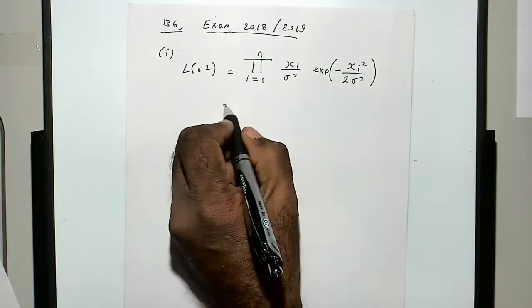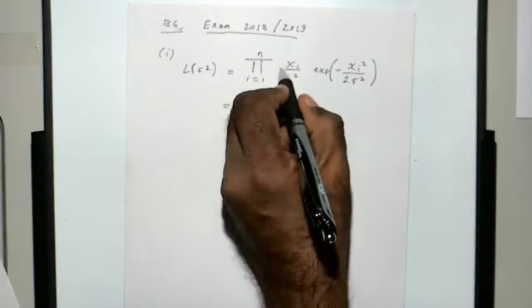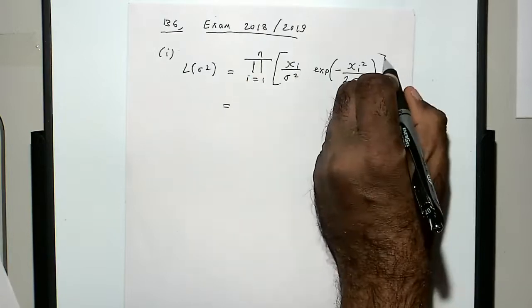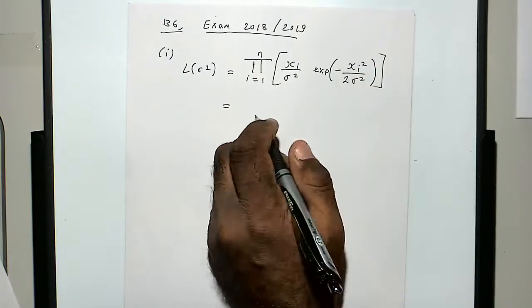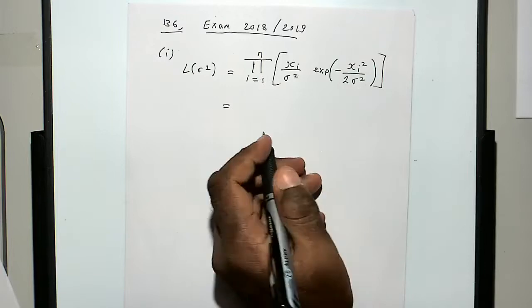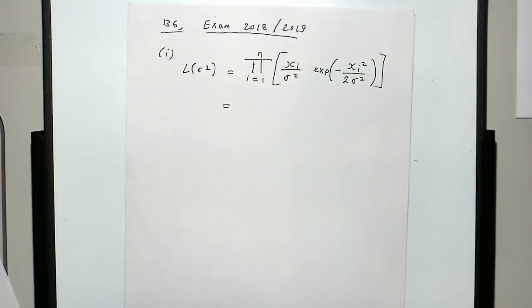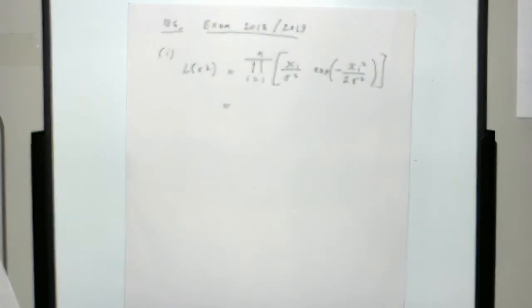Now, if you take the product of this, I can do this in multiple steps. I assume you know how to simplify products of functions.